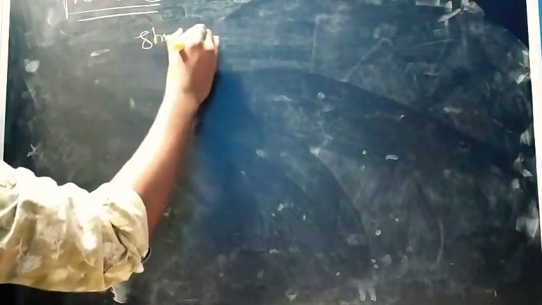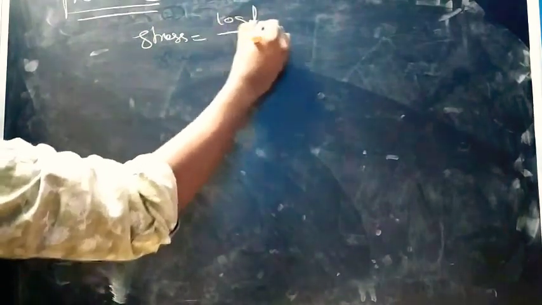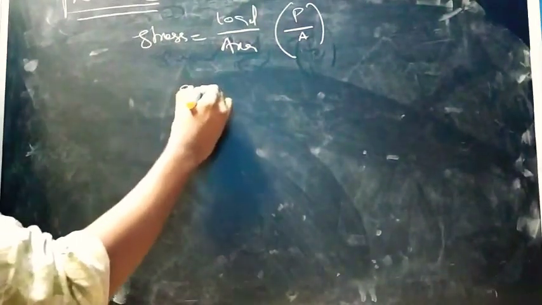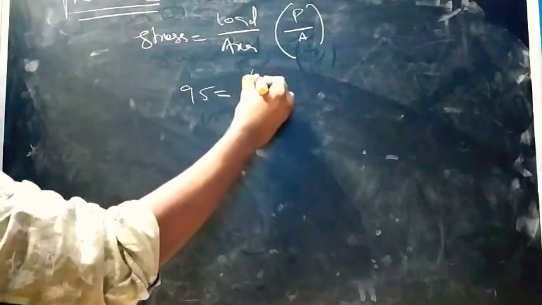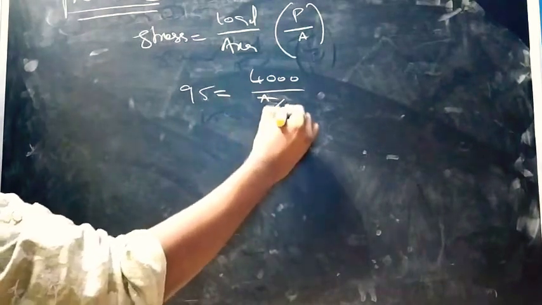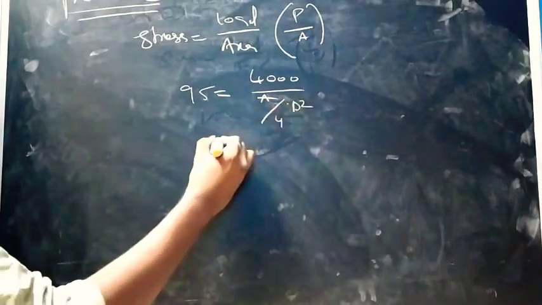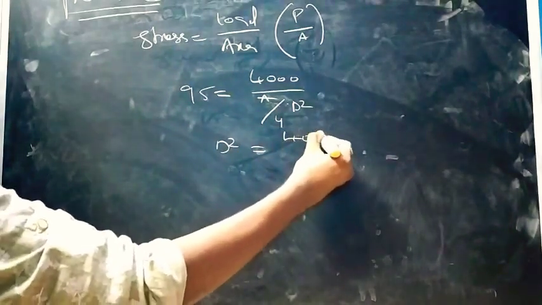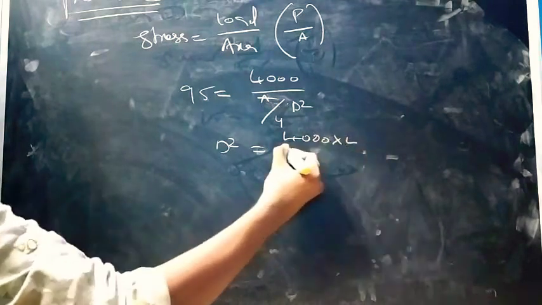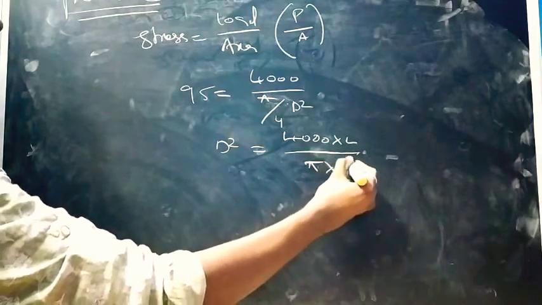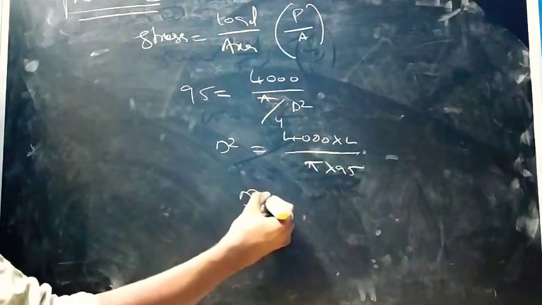Stress is nothing but the load upon area, that is P by A. Stress is given as 95, and the load is given as 4000 Newton, per area pi by 4 d square. So I can get d square this side: 4000 into 4 upon pi into 95. So do some math here.